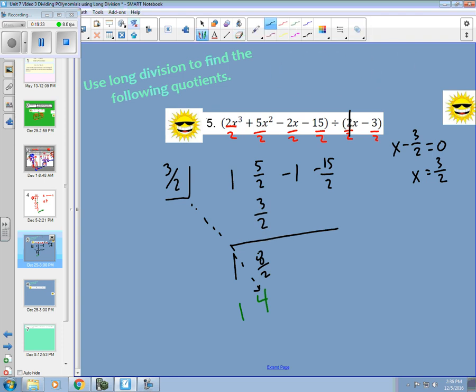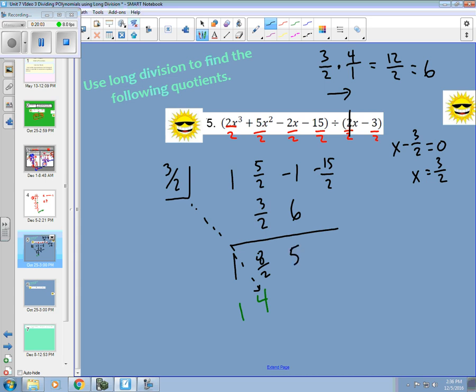You should know how to deal with fractions and whole numbers. 3 halves times 4, we can make this into a fraction as well by putting it over 1. When you multiply fractions, multiply across the bottom and across the top. So you get 12 halves, which is the same as 12 divided by 2, which is 6. So you put a 6 there. Negative 1 plus 6 is 5.